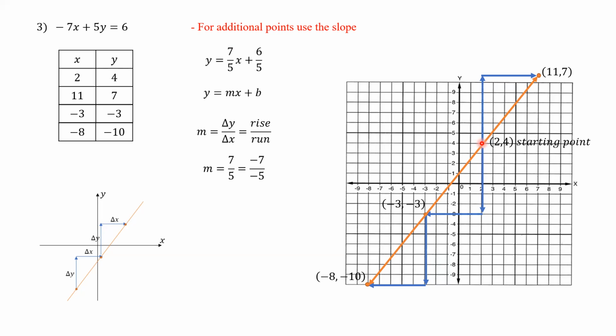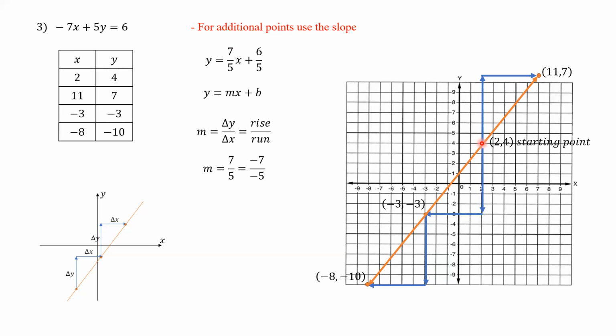So what steps did we have to do to graph this equation? We solved the equation for y. We hunt for a starting point with integer coordinates, and for additional points, we use the slope.